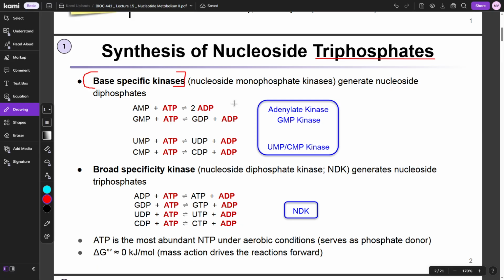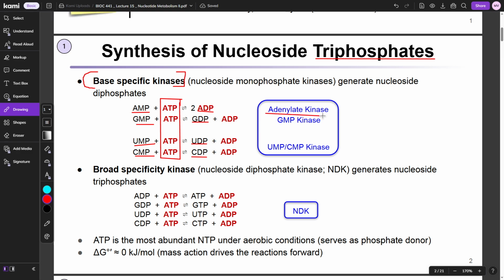So for example, AMP, GMP, UMP, and CMP, and then these go to ADP, GDP, UDP, and CDP. And these kinases always use ATP as the substrate, because ATP is very abundant compared to the other ones.